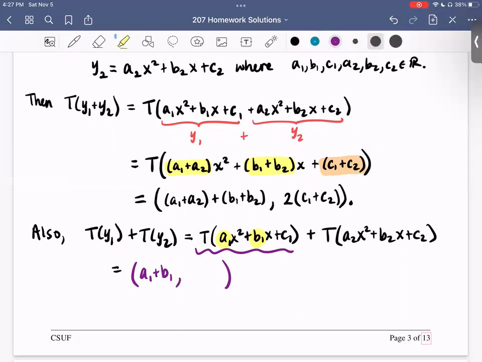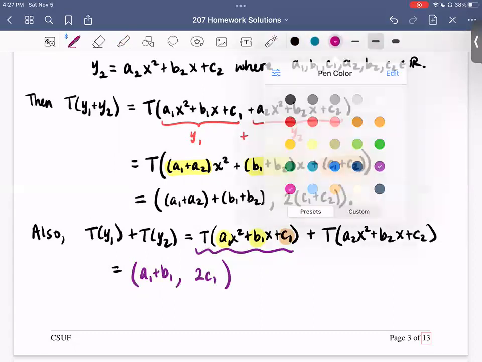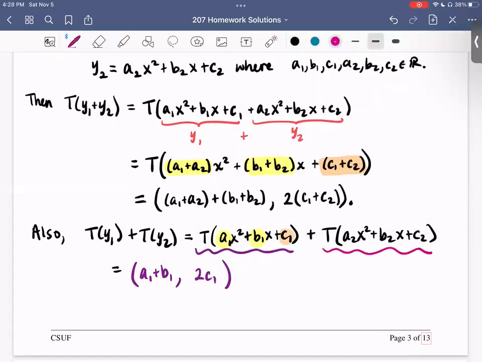The second coefficient, this transformation says to multiply the constant in your polynomial by 2. So I have 2c1. Let's look at this second part. When I apply the transformation to y2, the first component of my vector is a2 plus b2, and I'm going to take 2 times that third component.